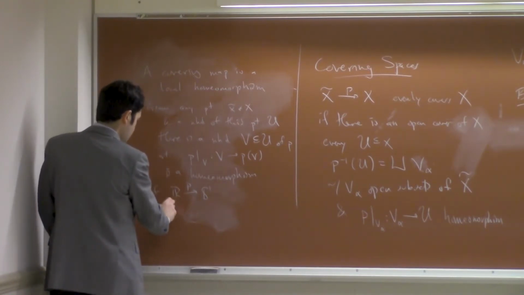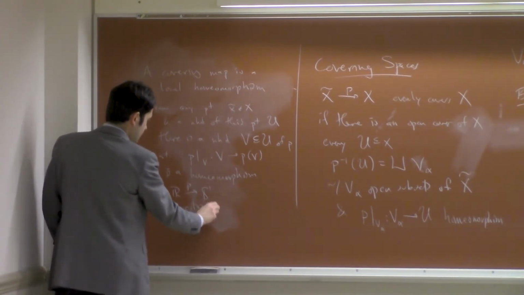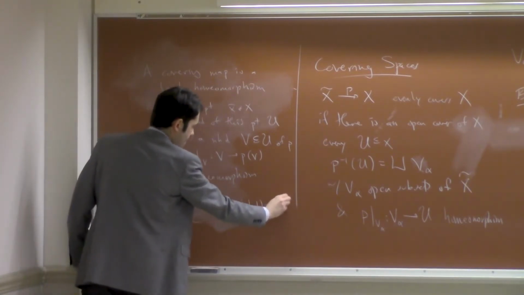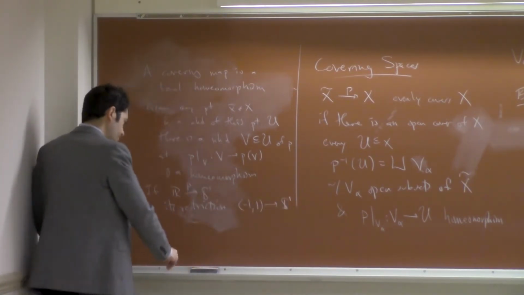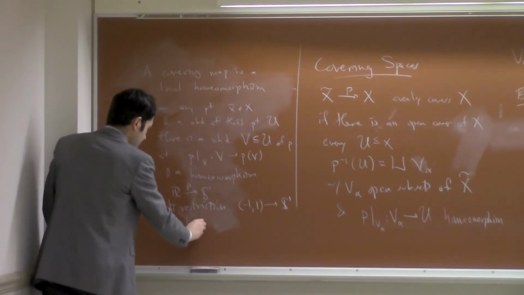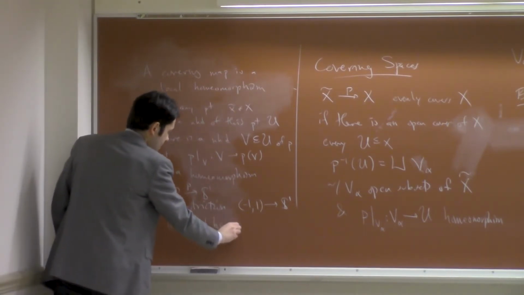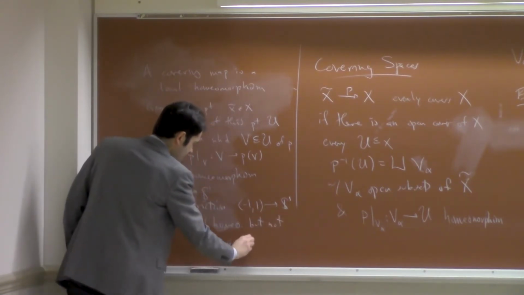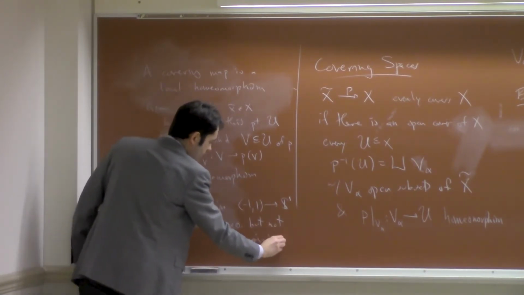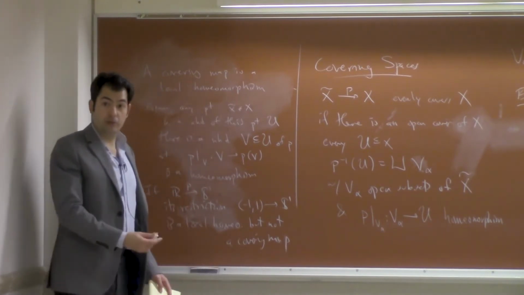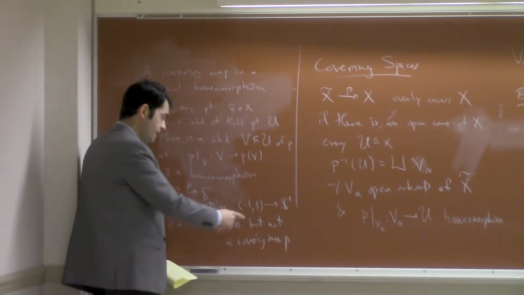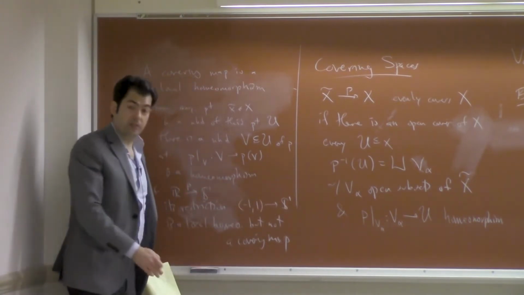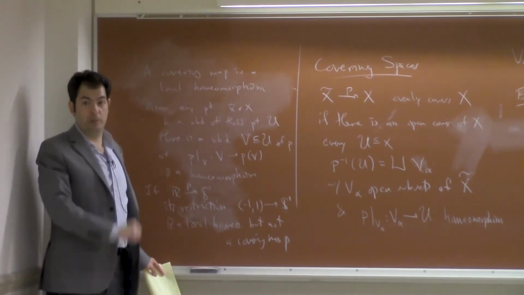Its restriction, say to (-1, 1), is a local homeomorphism, but not a covering. And you can see that the base point, so 1, if you view this as sitting inside the complex plane, that is not evenly covered.